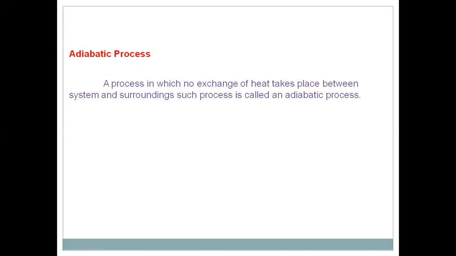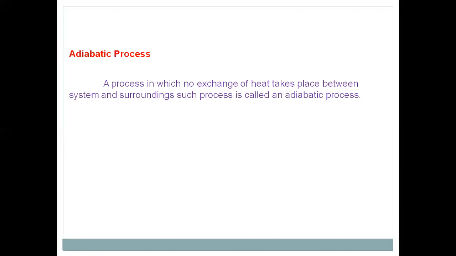And now we will discuss what an adiabatic process is. Of course, it is a thermodynamic process in which no exchange of heat takes place between the system and the surroundings. Such a process is called an adiabatic process. For example, we take a cylinder with a piston.